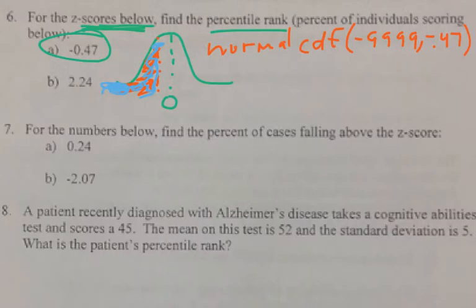So that was my answer. 0.319, which basically means I have approximately a percent rank of around 32%. 31.9 would be a little bit more precise, but my percent rank is 32%. In other words, 32% of the people are equal to that score or less than that score.